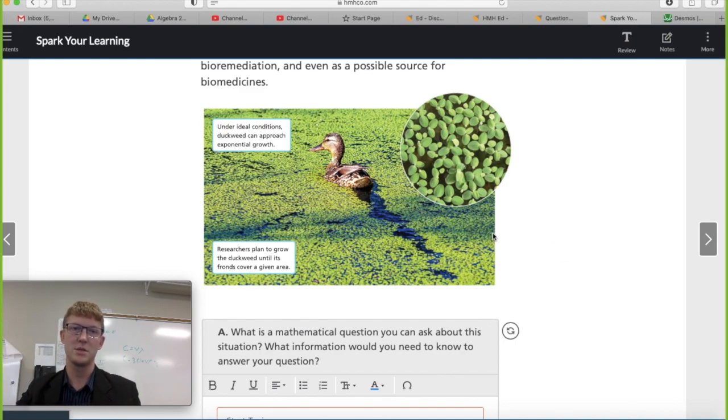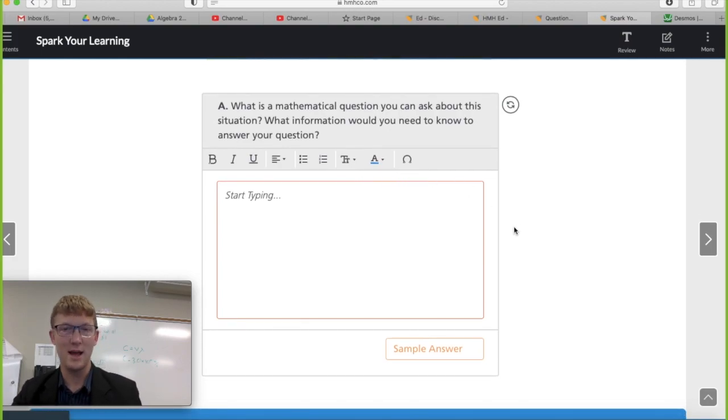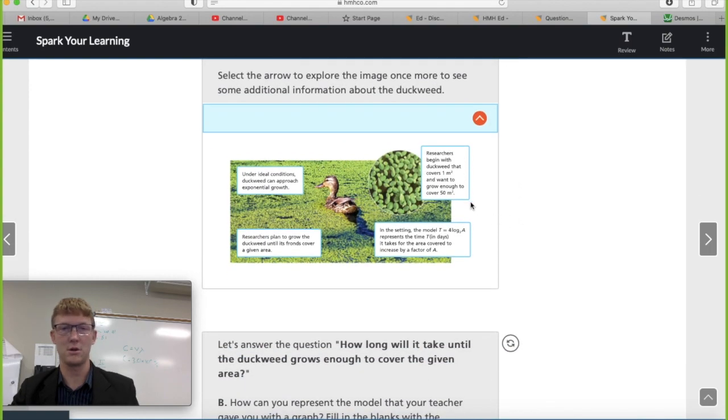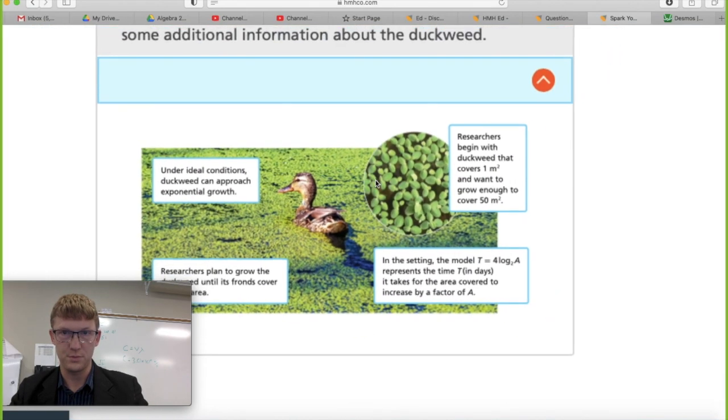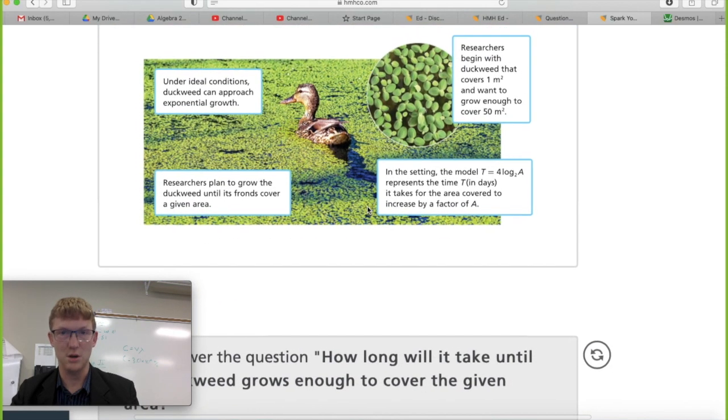Researchers plan to grow duckweed until its fronds cover a given area. What is a mathematical question you can ask? Well, of course, what is the actual equation of the duckweed growth? How much do they start off with?